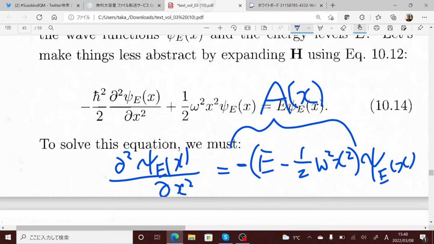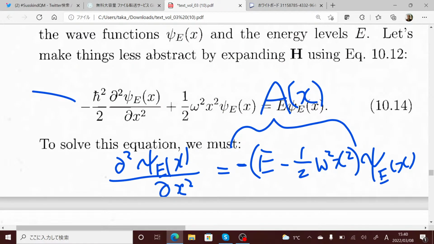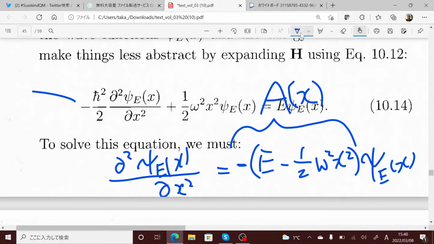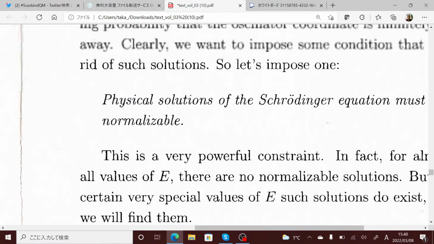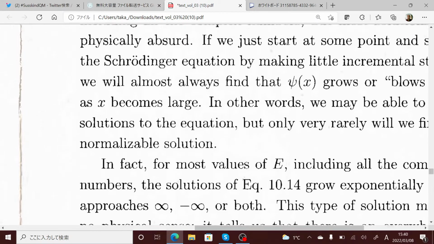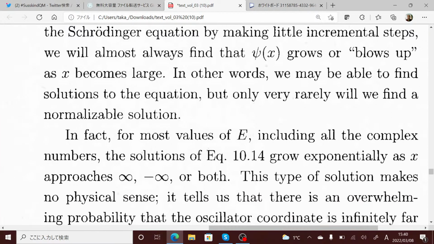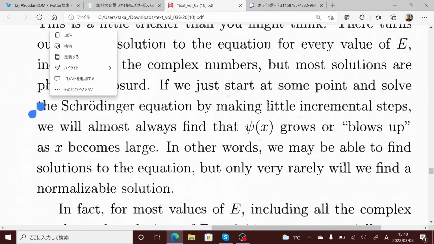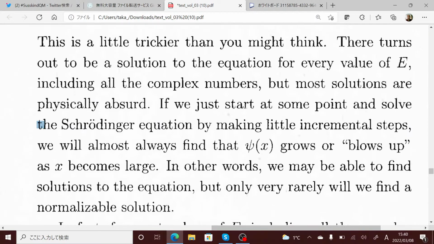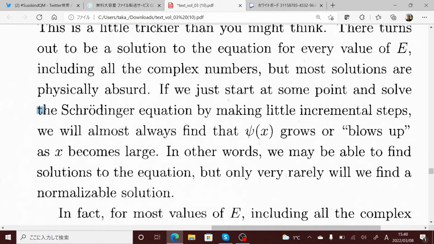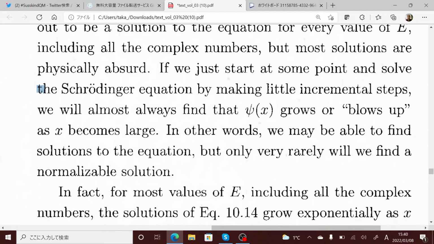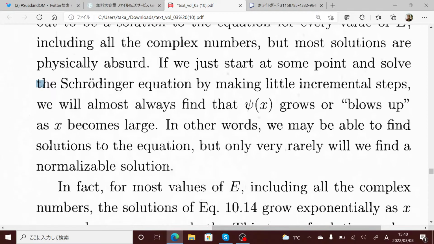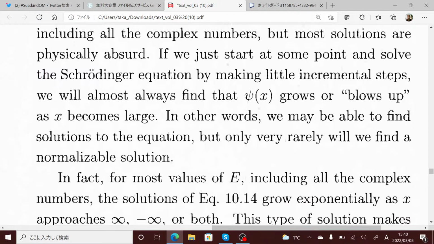So in this way, we can obtain the wave function psi for any value of E. That's what he says: it turned out to be a solution to the equation for every value of E, including all the complex numbers, but most solutions are physically absurd.